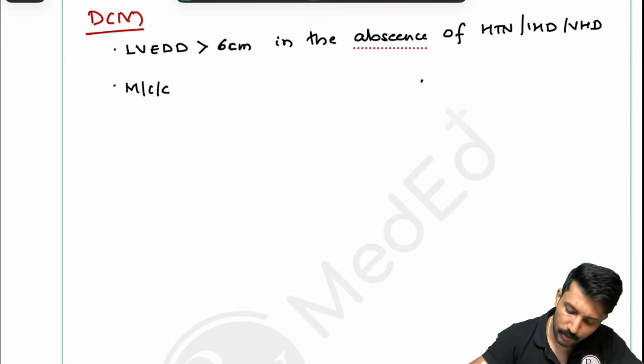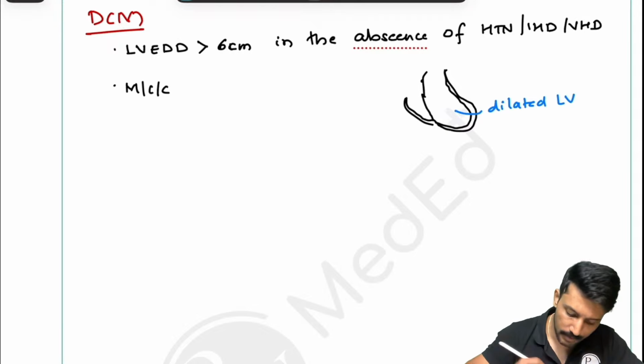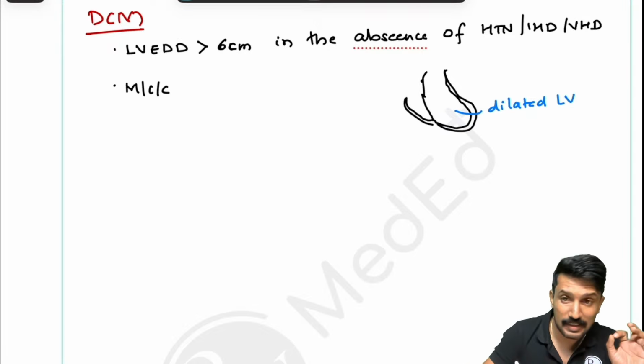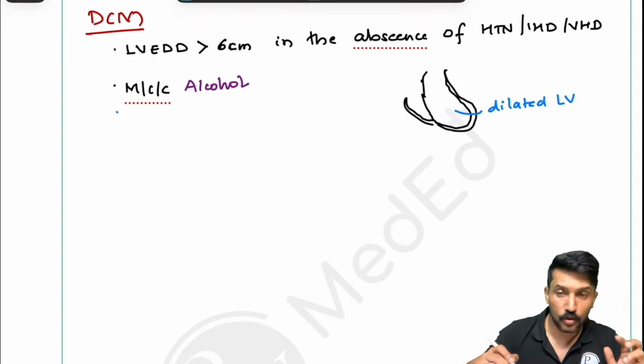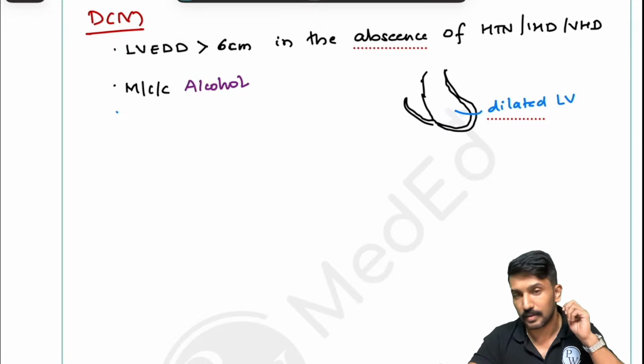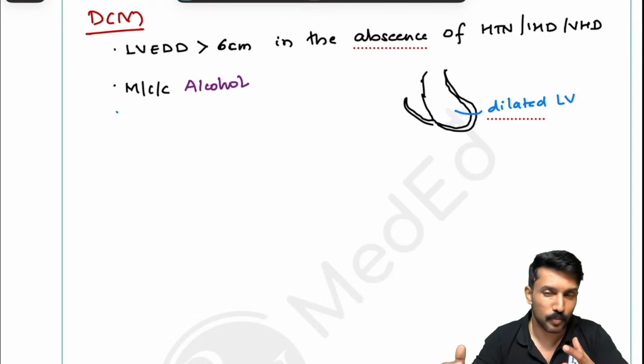So in dilated cardiomyopathy, the left ventricle becomes more dilated than usual. The most common cause for that is a toxin which most of you may be taking, and that is alcohol. The other causes include cocaine, drugs like trastuzumab, pertuzumab, adriamycin, doxorubicin, daunorubicin.